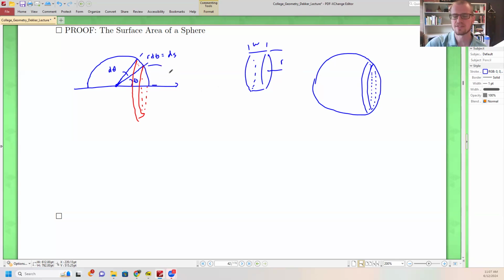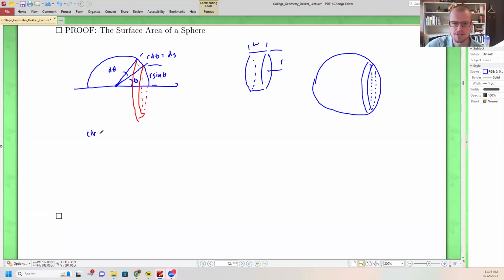This height, to give us our radius, think about this: sine is opposite over hypotenuse. So the sine of theta times r, r sine theta, is going to give us our height here. That's our radius, so we can get an approximation here.